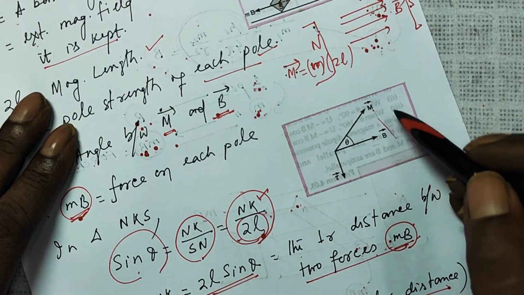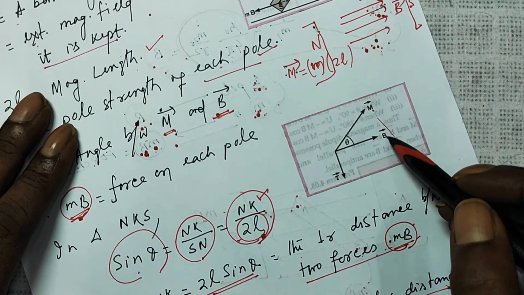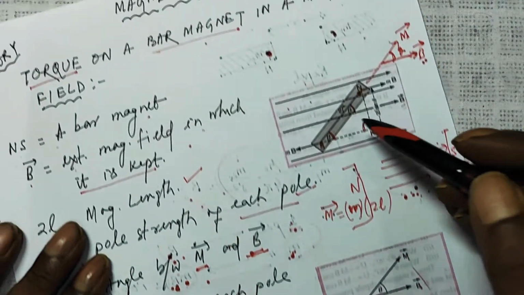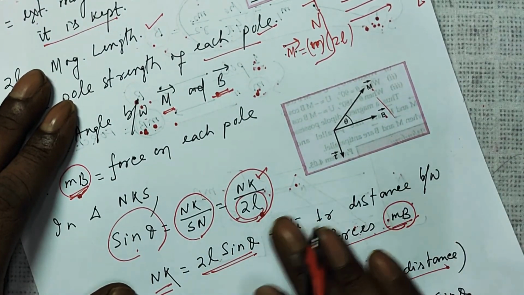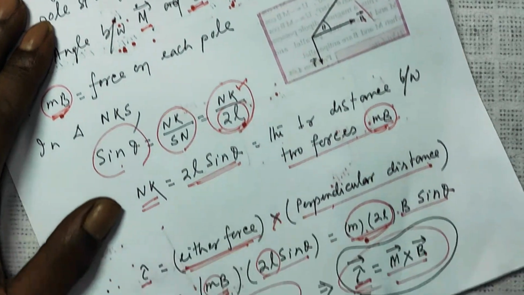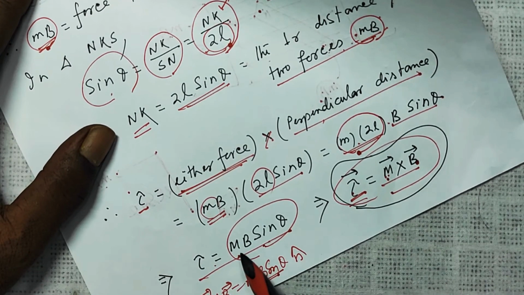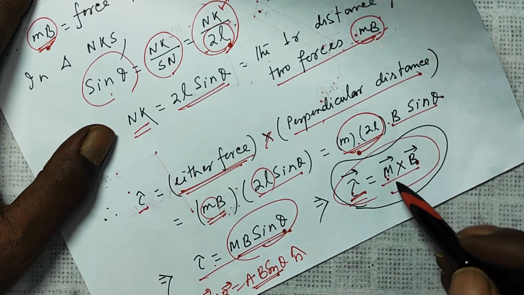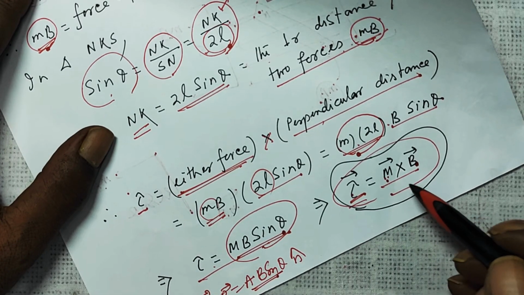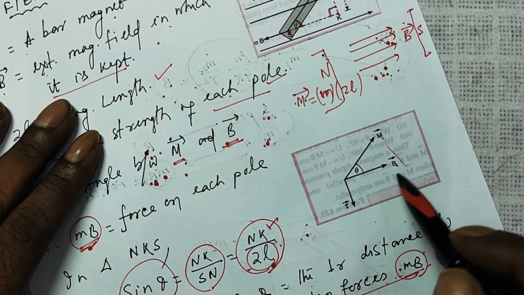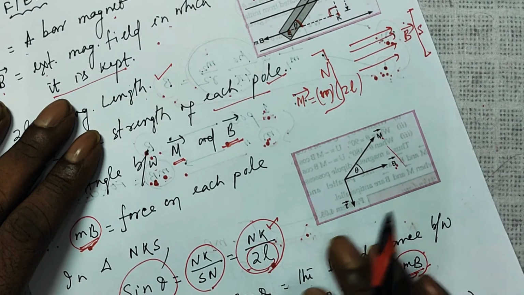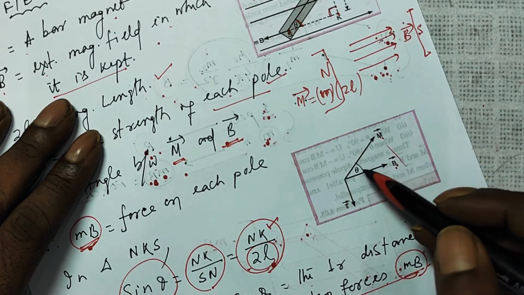Suppose the magnetic moment and the external magnetic field in which the bar magnet is kept are in the plane of the paper. And torque we just explained, that is M cross B. Its magnitude is MB sine theta, but to find out the direction, you must use the right hand screw rule. If B and M are in the plane of the paper, angle between them is theta.